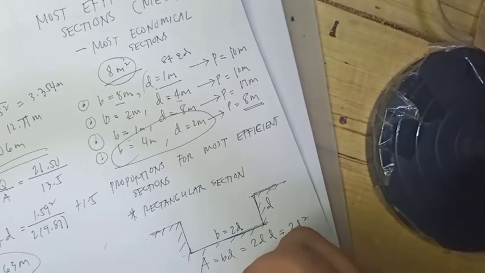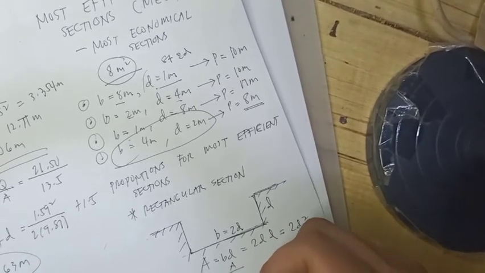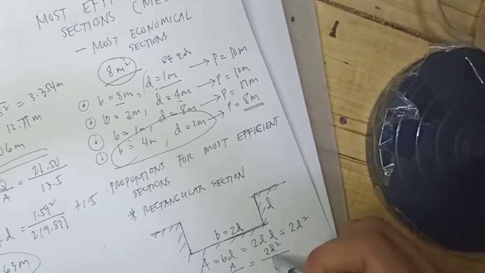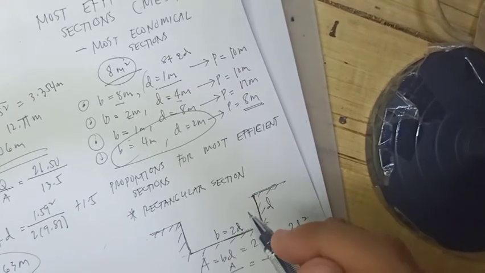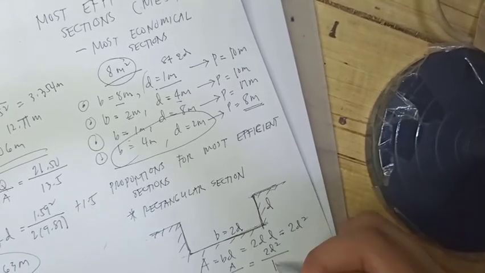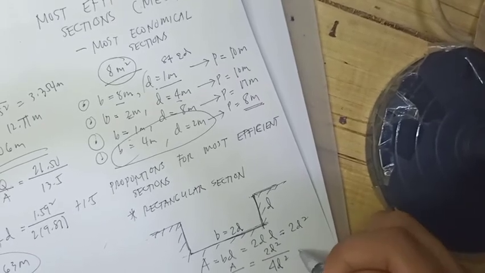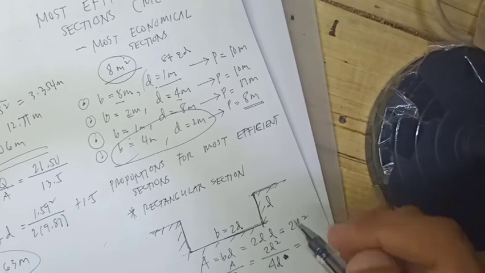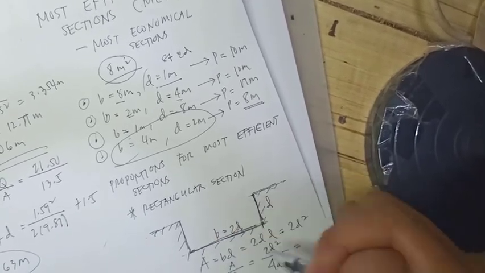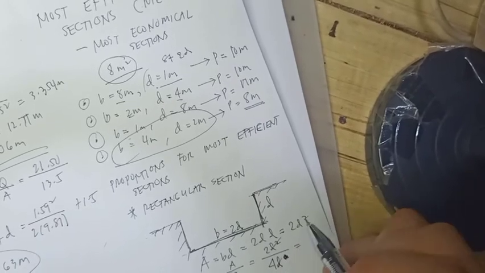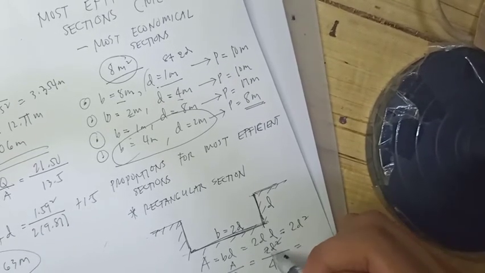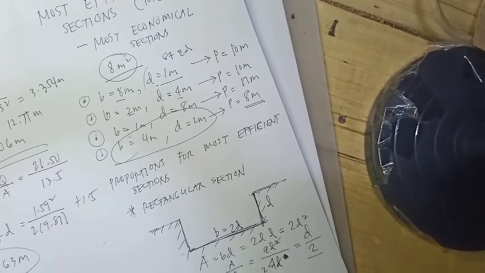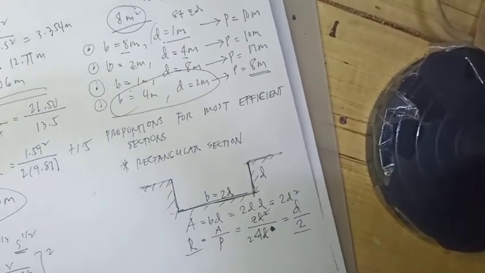The hydraulic radius is A over P, which is 2D squared over the perimeter, 2D plus 2D, so 4D. Cancel D, and D over 2 is the R.